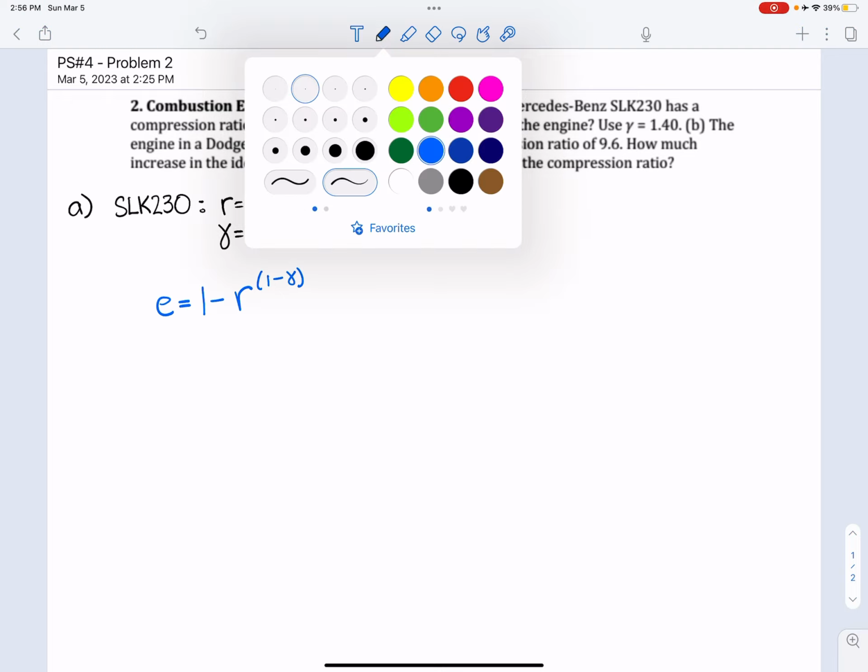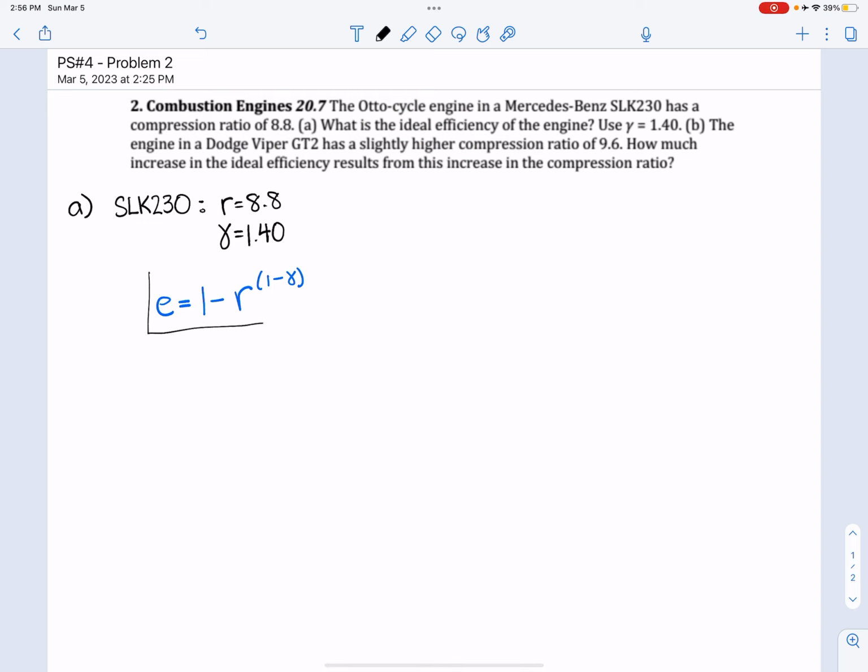You could find this in the book, or for a test, maybe you would have this in your cheat sheet. Again, this is the Otto cycle engine ideal efficiency formula.